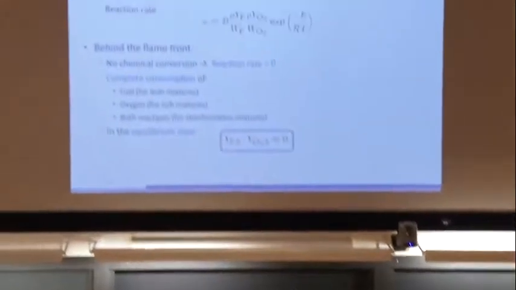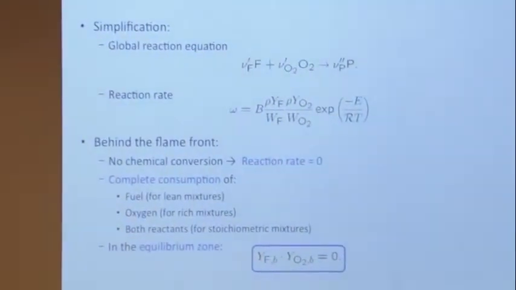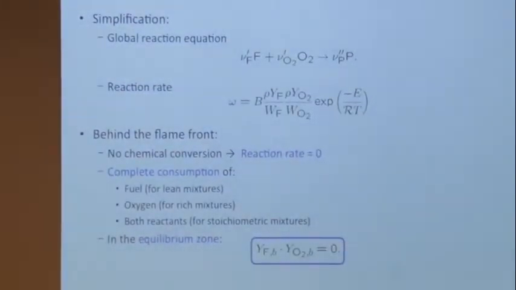If E goes to infinity, then you change the temperature by just a little bit, and you get a huge change in the reaction rate. So everything we do here is in the limit of large activation energy. That's what's called large activation energy asymptotics, which means that if the temperature goes down a little bit, then the reaction rate gets very, very small.